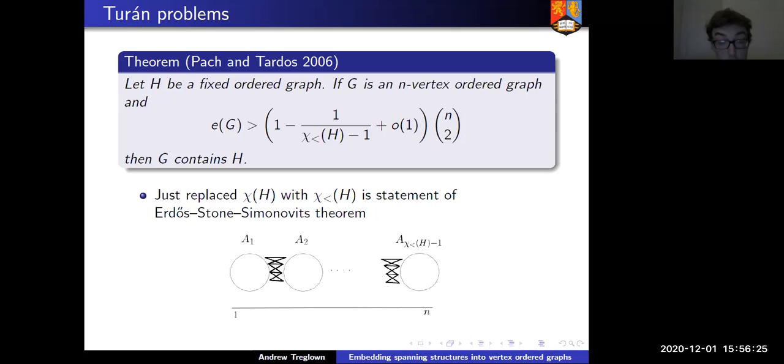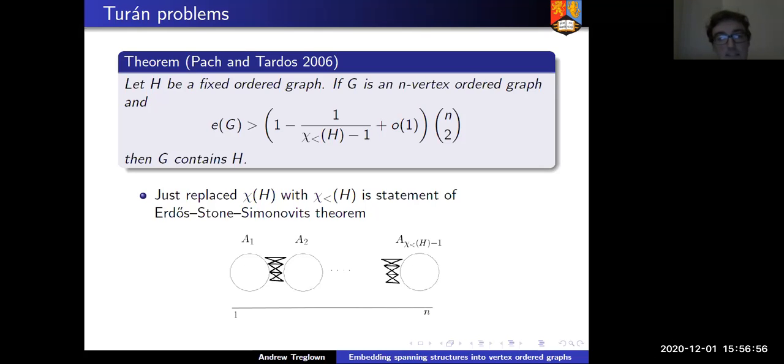Okay. And similarly to the Erdős–Stone–Simonovits theorem, this edge density condition here is asymptotically best possible. So here I've drawn the (r-1)-partite Turán graph if H has interval chromatic number r. So I've got r-1 classes, all possible edges between the classes, and they're as equal as possible. But now, because we're an ordered graph, we have to give a labeling of the vertices. So here I'm labeling from left to right. So the leftmost vertex has label 1, the rightmost has label n.